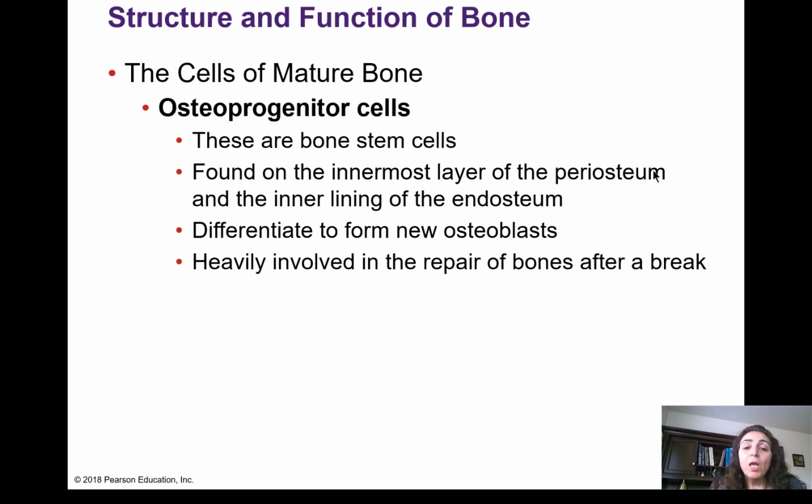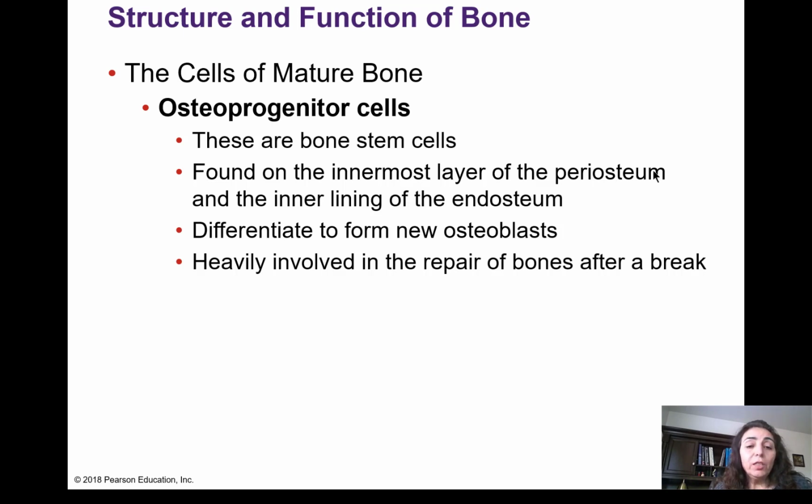Osteum means bone, right? So in the lining of the endosteum, we also have these cells. So you see that in the periosteum and in the endosteum, we have osteoprogenitor cells producing more cells, and also we have osteoblasts producing more matrix, and this is the way that the bone is growing from inside and outside, right?